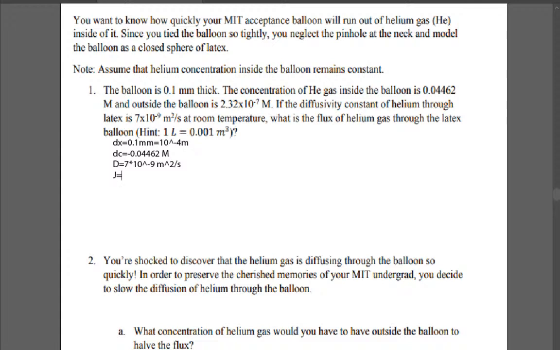So what you'll get is actually 3.1234 times 10 to the power of negative 6.